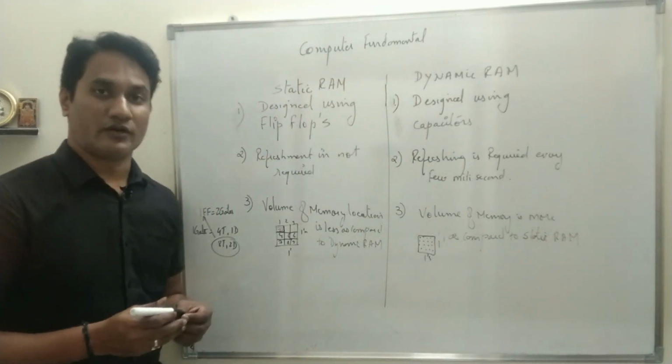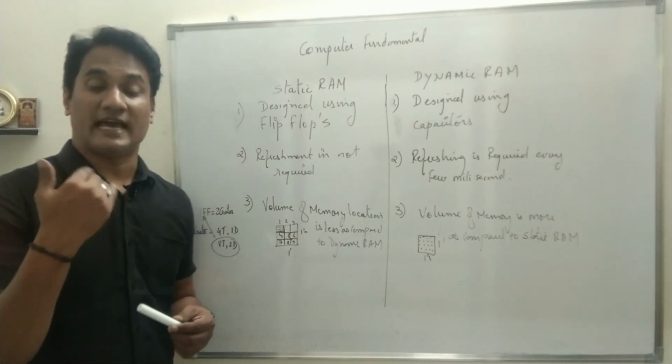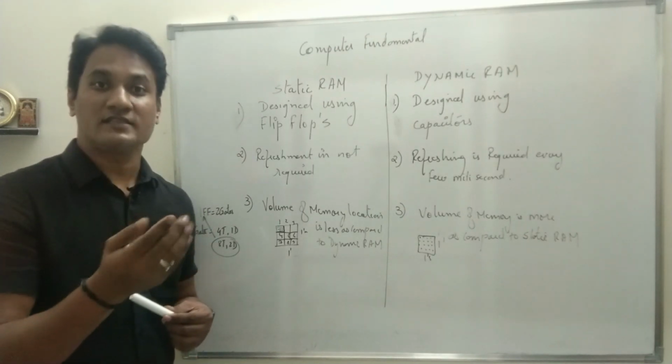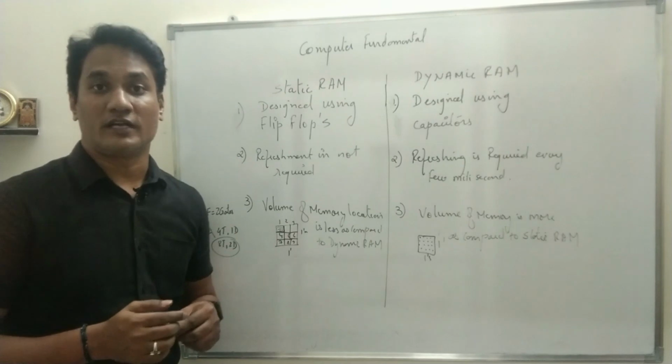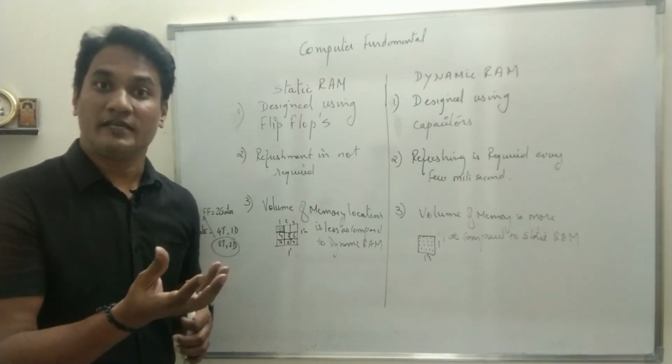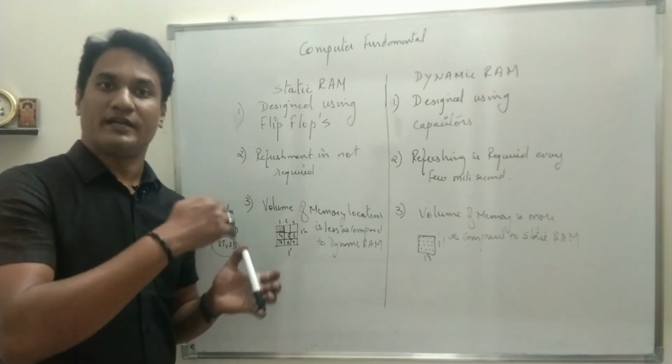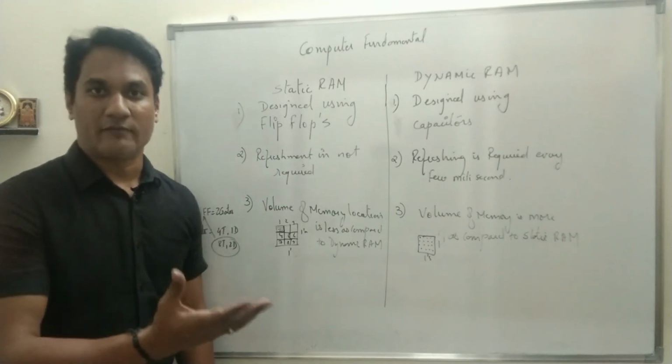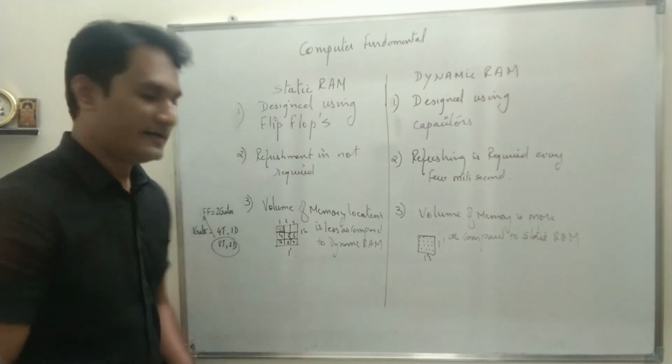So this is a very important point. Volume wise, dynamic RAM is more. That means within a small chip of 1 inch by 1 inch, more memory locations will be occupied as compared to static RAM. So dynamic RAM has more volume as compared to static RAM.